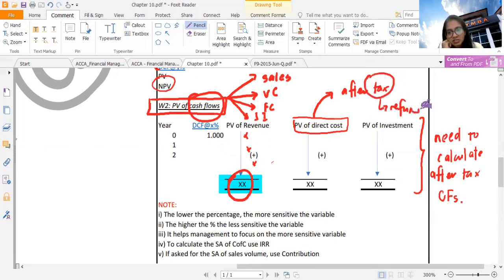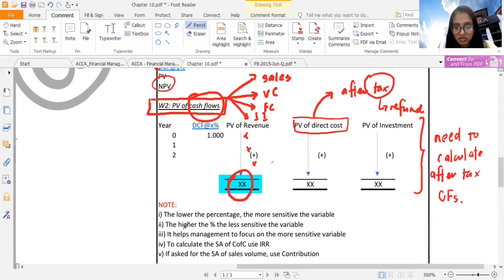Why is your tax a refund? Because your cost is a negative cash flow. When you minus the tax, it will actually be a positive value. So remember, if your cash flow is negative, your tax is positive. Okay, now I hope everything here is very clear.